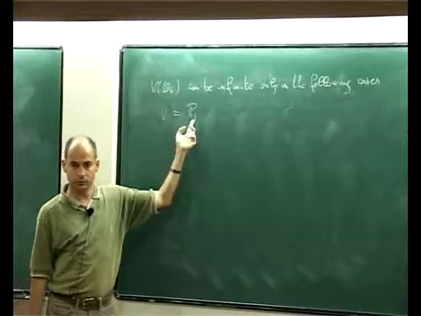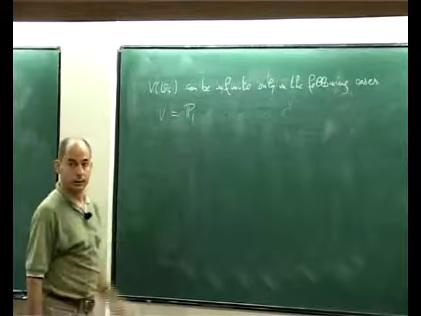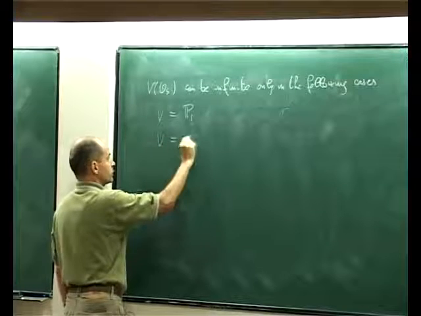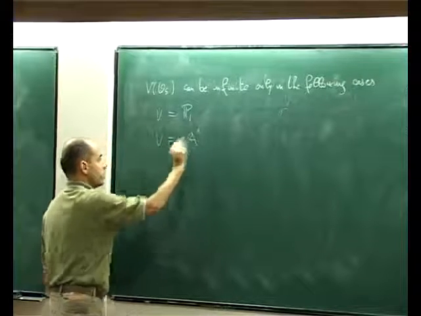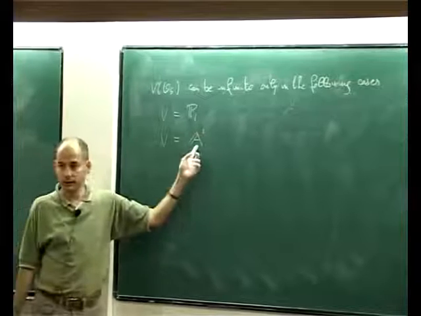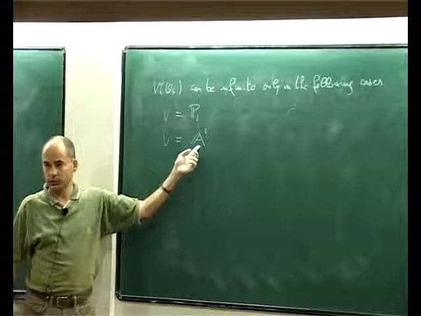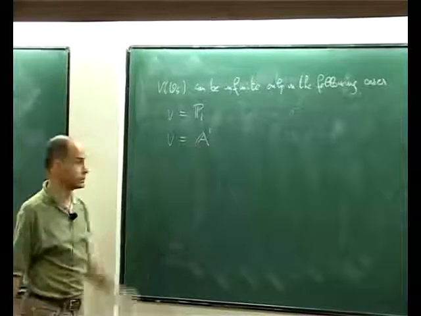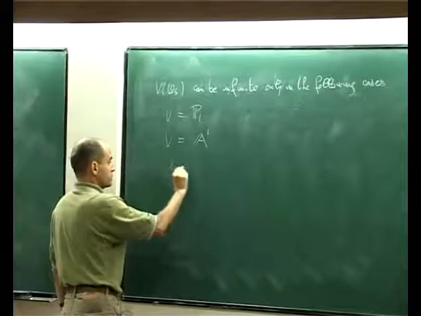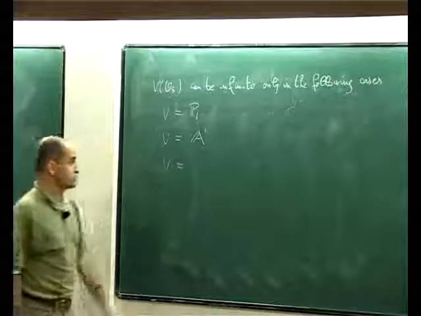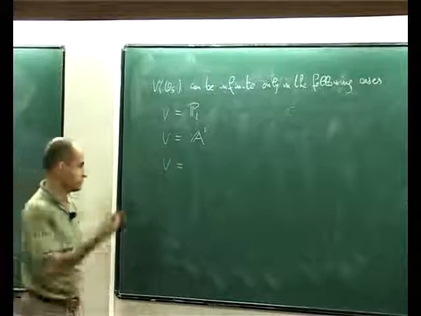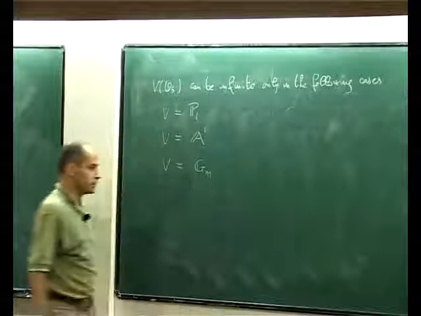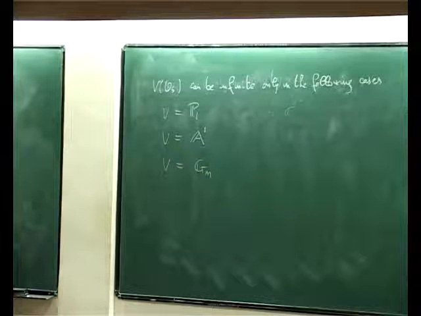So rational points on P1 are infinite. Second case, genus 0 and 1 point at infinity, so A1, the affine line. In this case, the integral points are integers in the usual sense, and they are infinite.